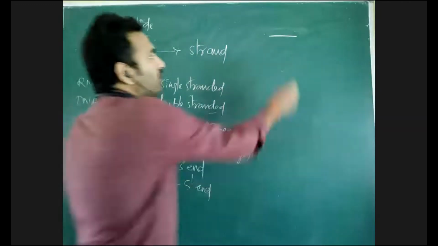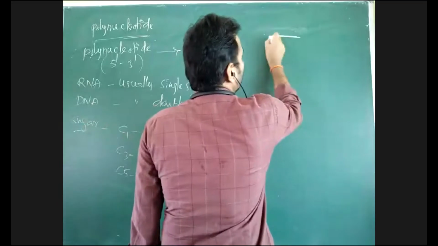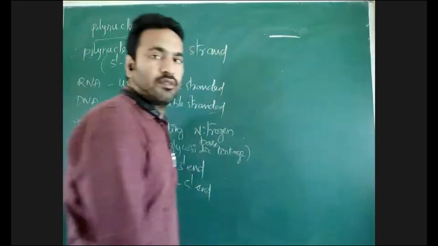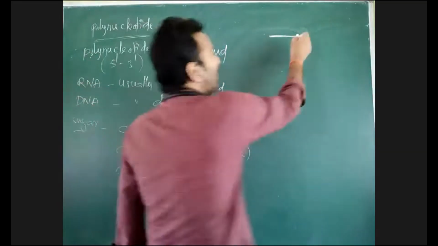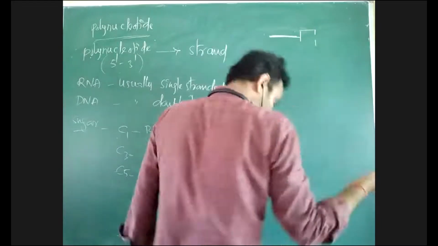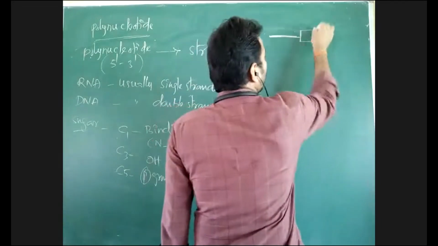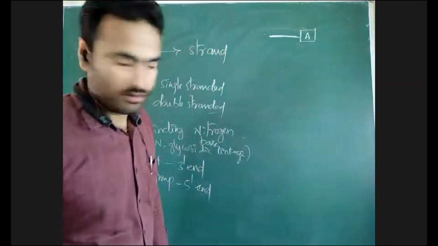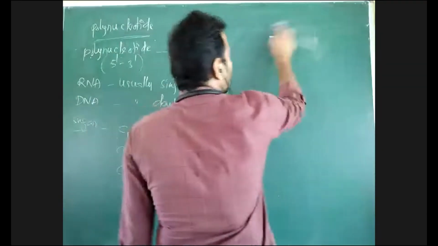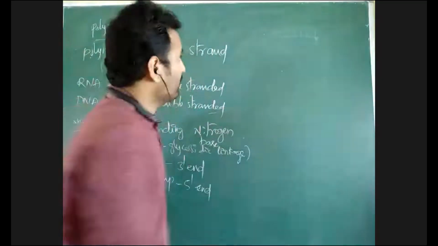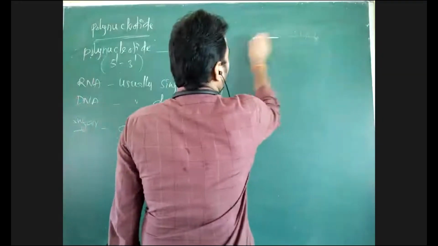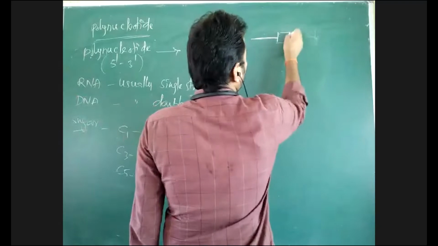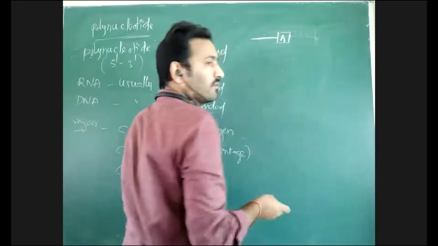So suppose this is the backbone of a sugar. On this backbone, the first carbon has a nitrogen base. We can write the nitrogen base adenine here. See, this is a sugar backbone that has a nitrogen base here.